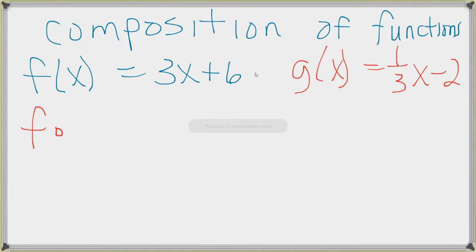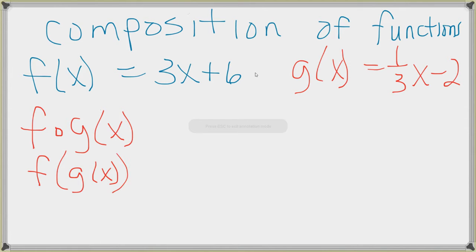So if we have f of x equals 3x plus 6, and g of x equals 1/3 x minus 2, how can we tell if those are inverses? We could graph them and see if they're reflected over y equals x. We could write the inverse of one and see if that's the other. Or we can use this called composition of functions.